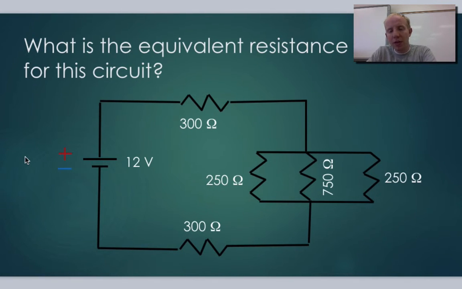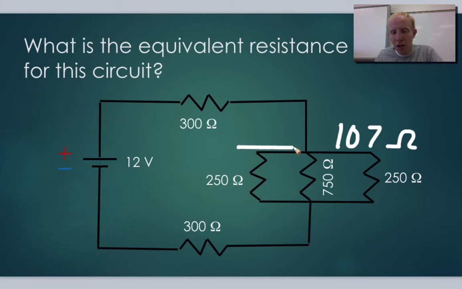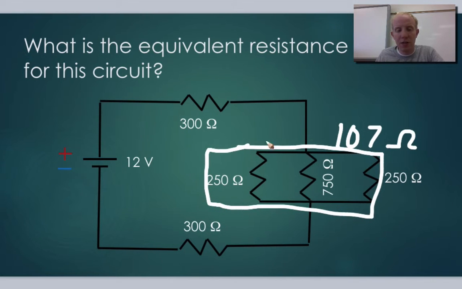Okay. So if you ever see series and parallel resistors, usually you're always going to want to do the parallel resistors first, right? So if this is the same as last time, we found by adding these in parallel that this was 107 ohms total, okay? So now I can treat this whole block right here as 107 ohms.